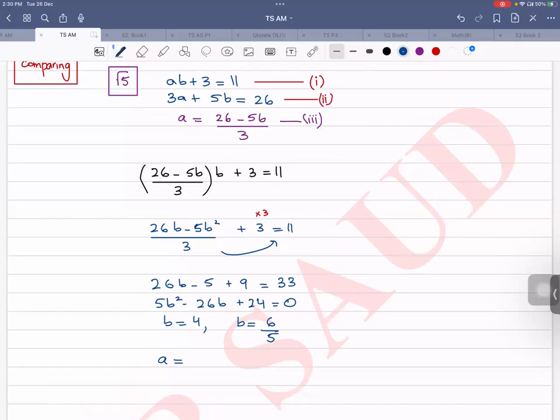Let's put these values into the third equation. The two values of a I'm getting are 2 and 20/3.